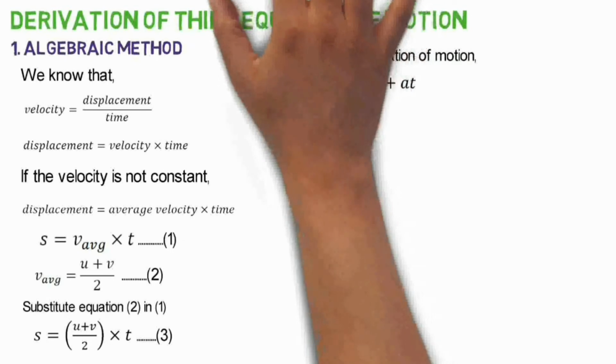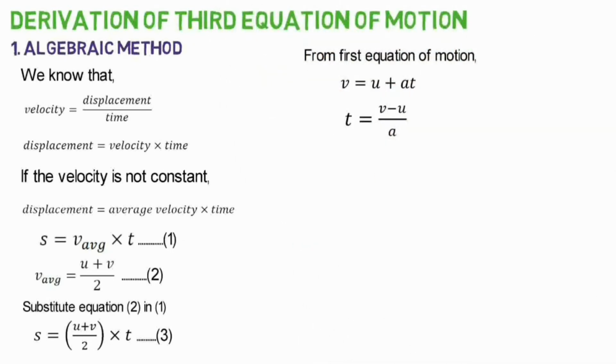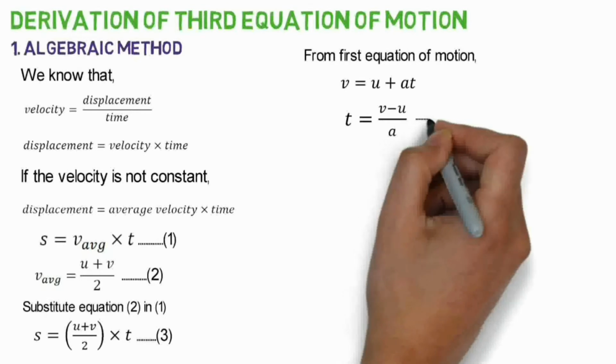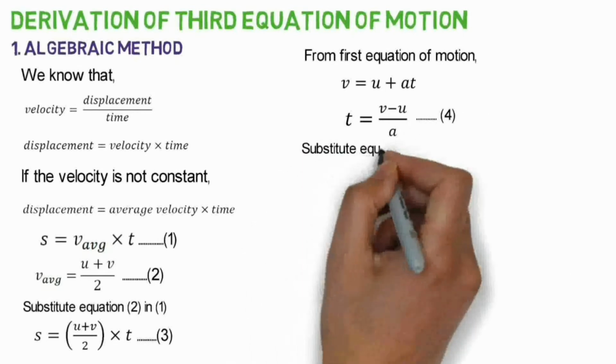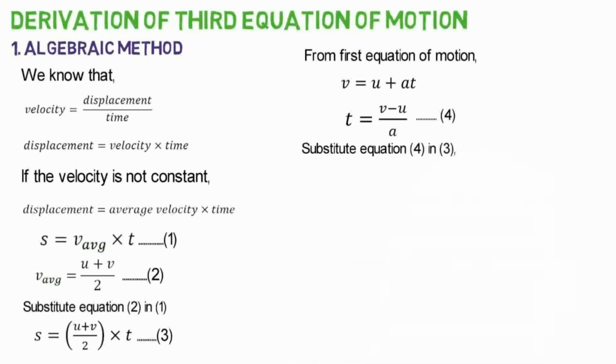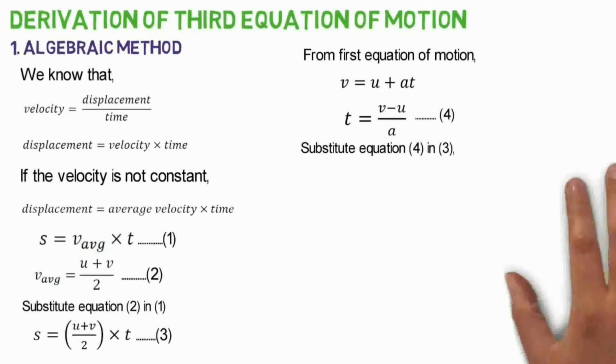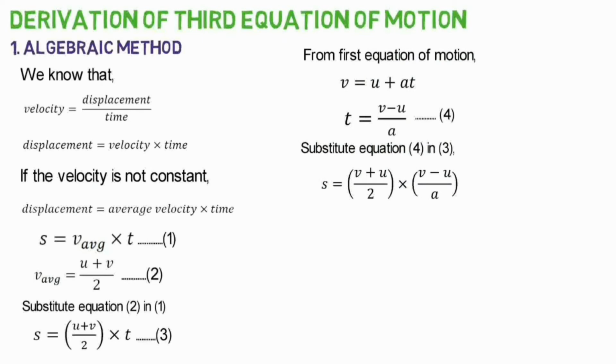So we can write this equation as T is equal to (V minus U) by A. Consider this as equation number 4. Now, substituting equation number 4 in equation number 3, we obtain S is equal to (V plus U) by 2 into (V minus U) divided by A.